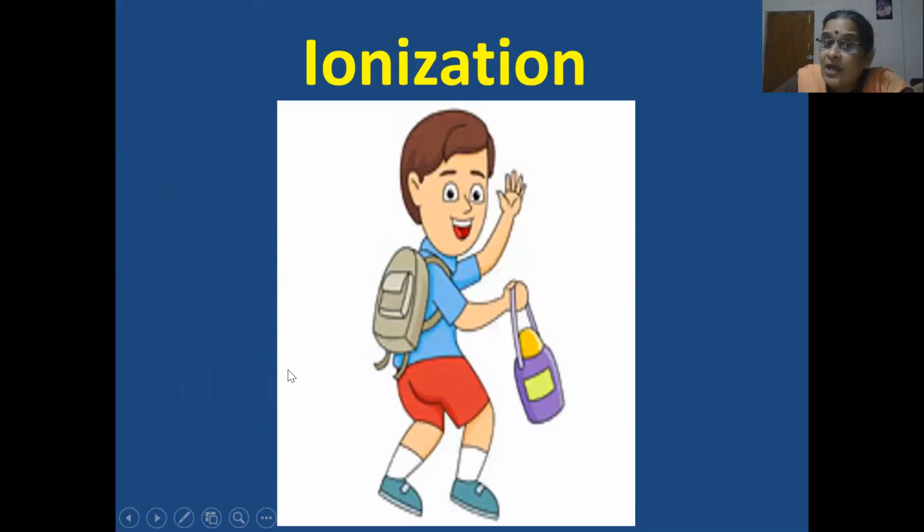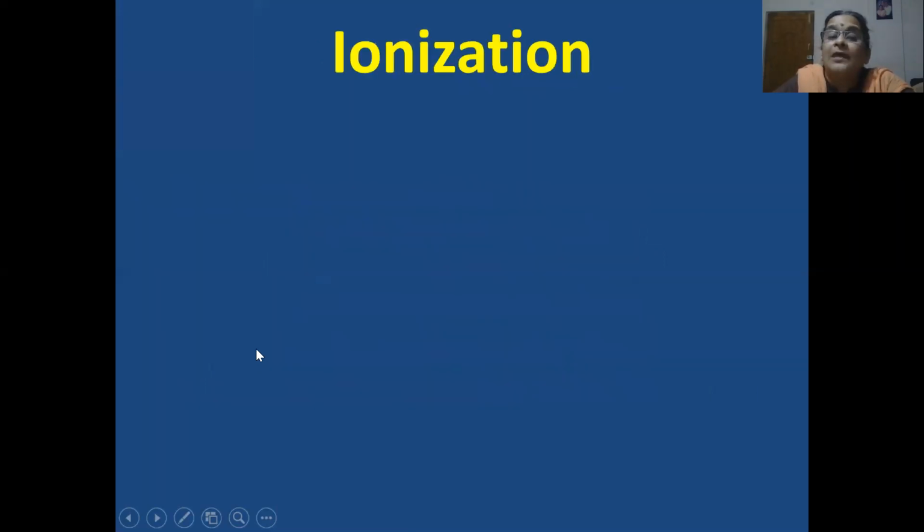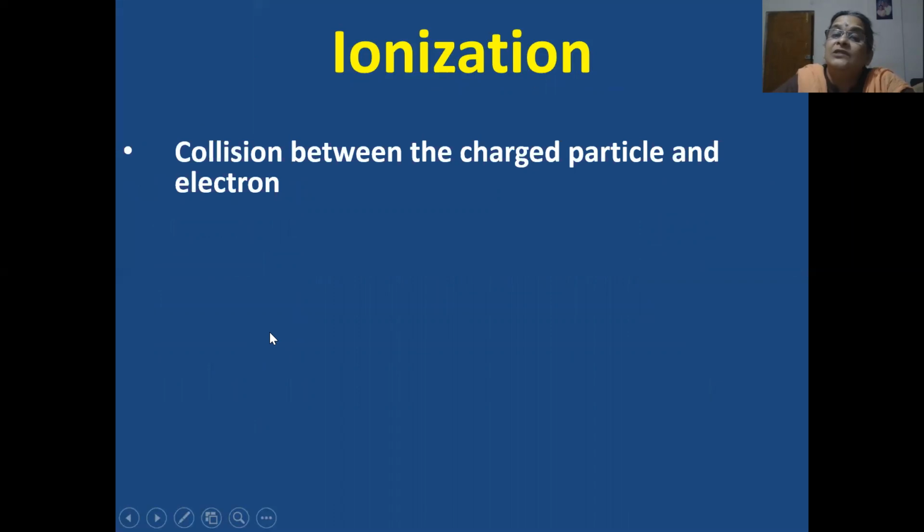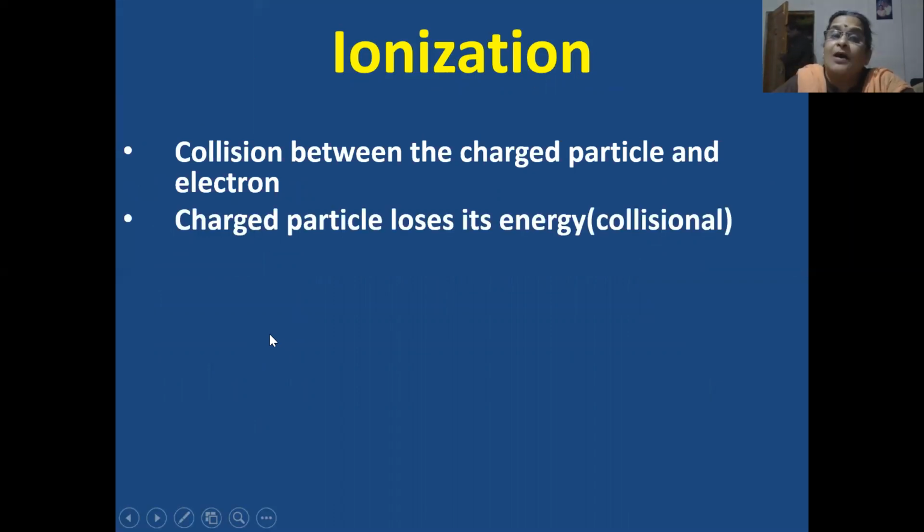And what about ionization, where sufficient funding is done? That is, the child can go on the school trip. Here, the collision is between the charged particle and the electron, where the charged particle loses its energy, again in the form of collisional loss.